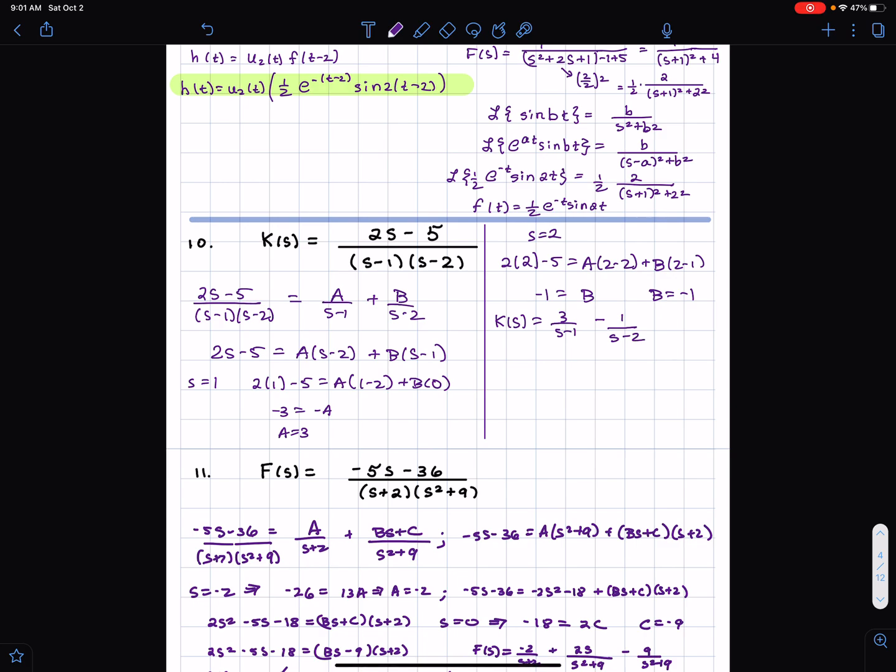And then we use the Laplace transform of e to the at is equal to 1 over s minus a. So little k of t, therefore, is equal to 3 e to the t minus e to the 2t.